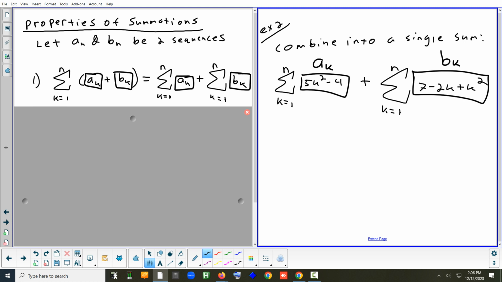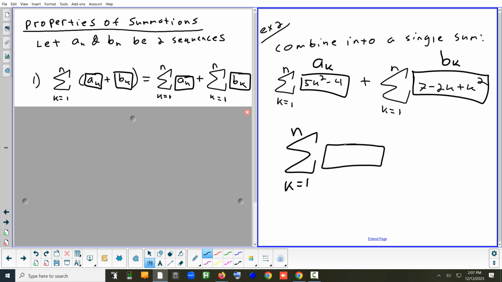So put down your sigma. Okay, where does it start? Starts at 1. Where does it stop? N. And now I want to know the new formula in that box. Instead of doing them separate, I'm going to combine it into one step.